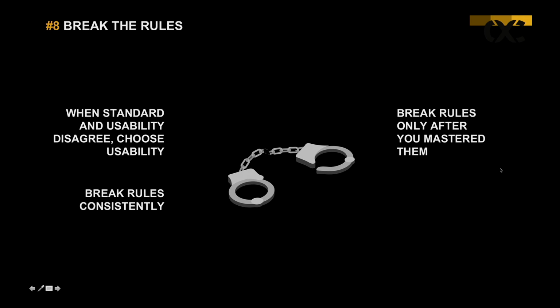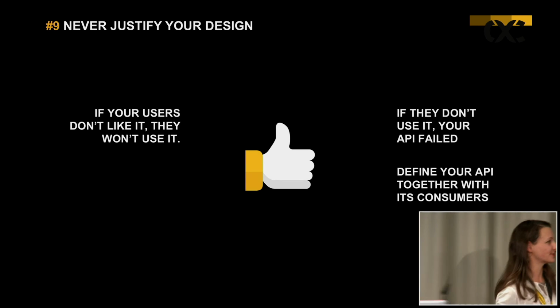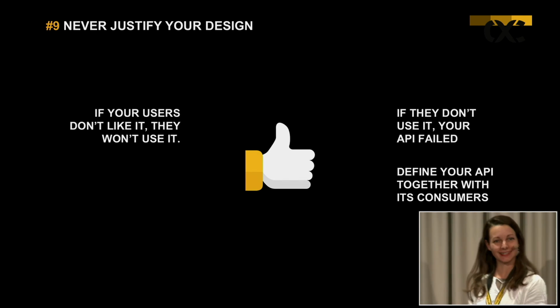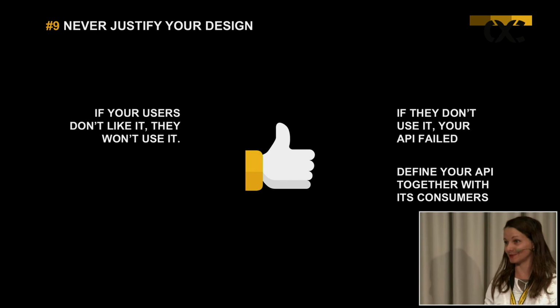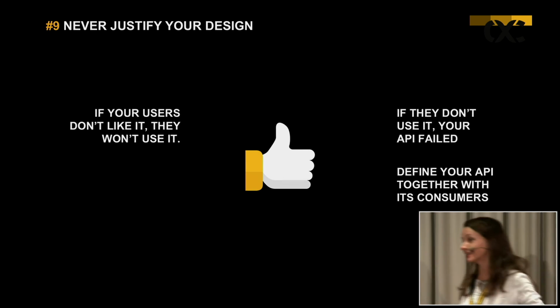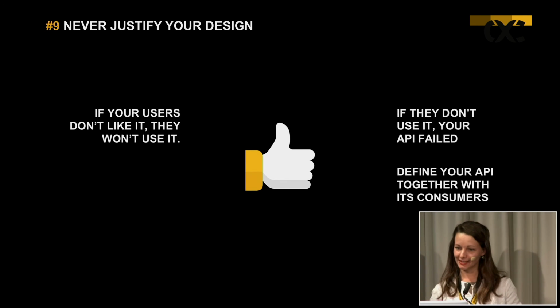Oh yeah, and if you break them, break them consistently. Don't just do whatever you want, because then again, your users will be super confused. And in the end, that's the most important thing: never justify your designs. You might be right, yes, but that doesn't matter if your users don't like it, because then they won't use it, you won't get money, your product will be killed. Never justify your designs. It's tough.